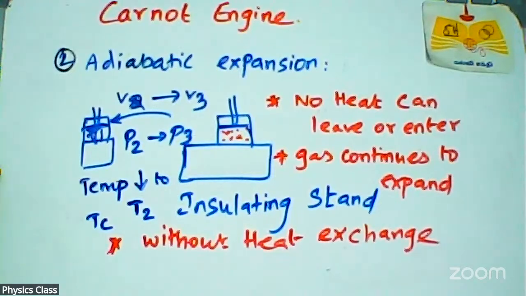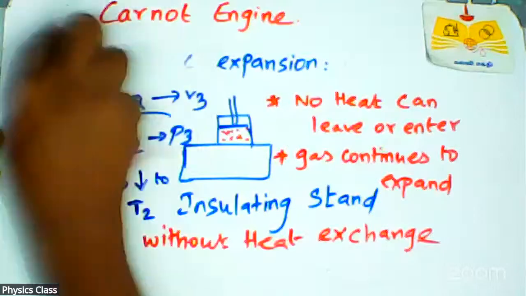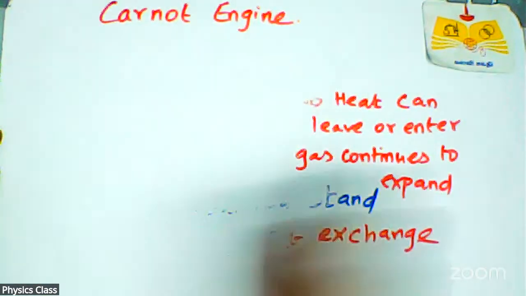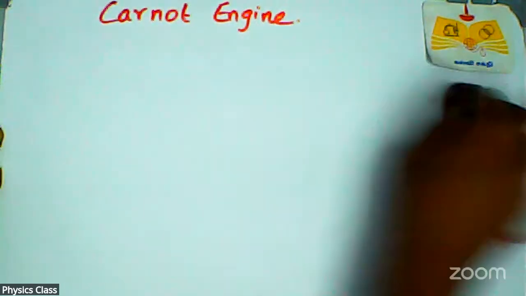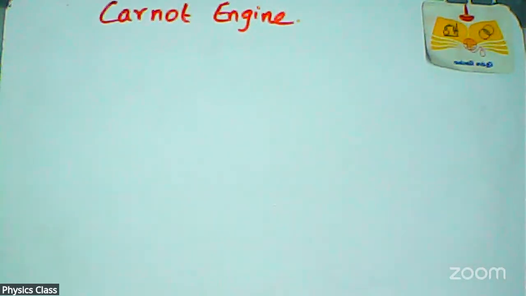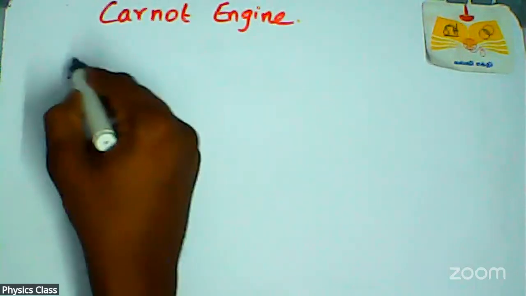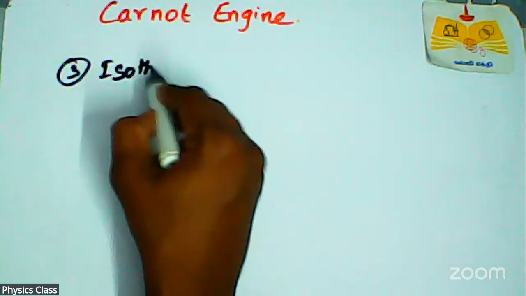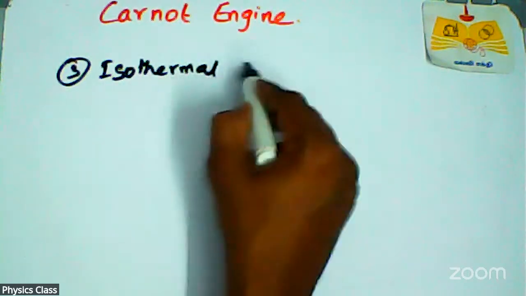Two expansion, two compression processes. So all four processes are included in the Carnot cycle. Next one is step 3, stage 3, isothermal compression. Isothermal means, as I already told you, and compression means compressed.